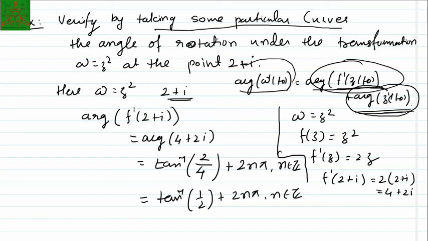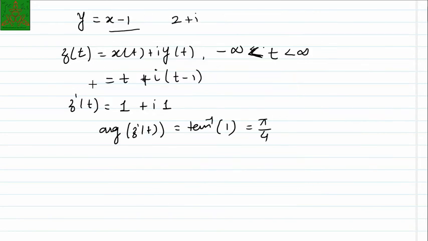Now we are calculating the other side quantity, which is the angle of the tangent of the image curve. So first of all, I need to find out what the image curve is, that is, the image of this line under the map w equal to z square.